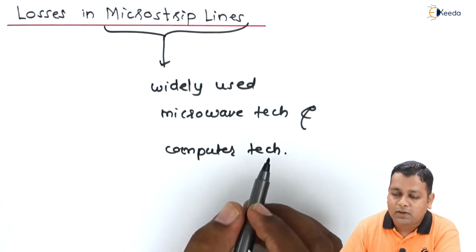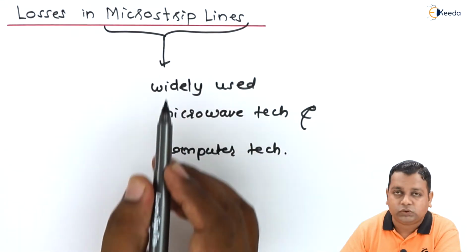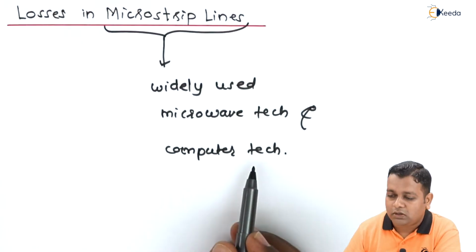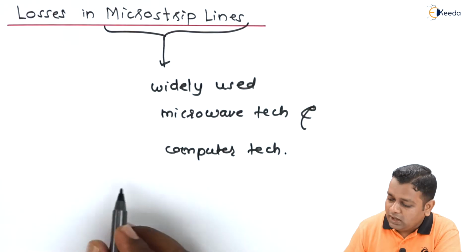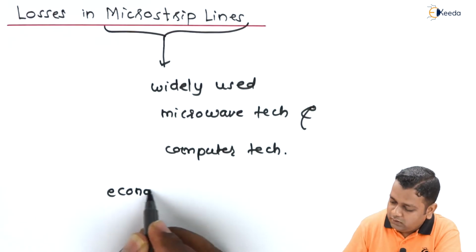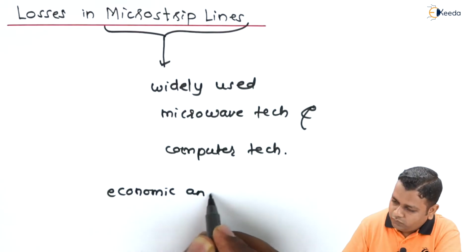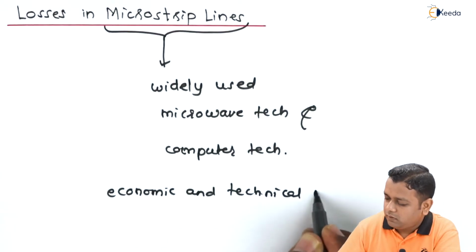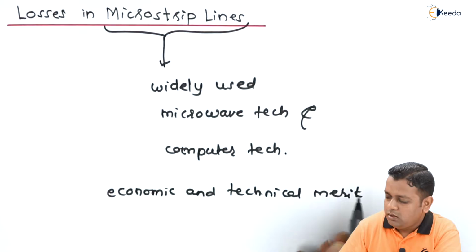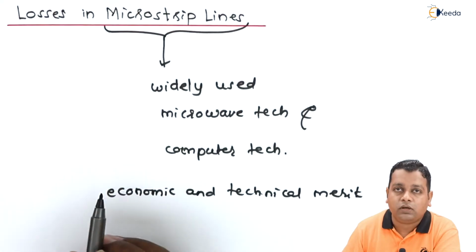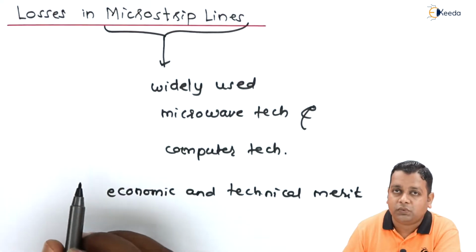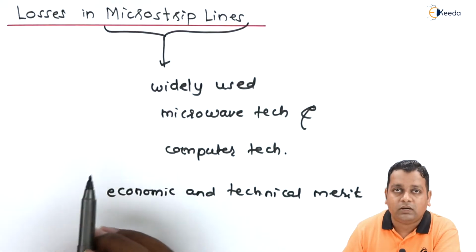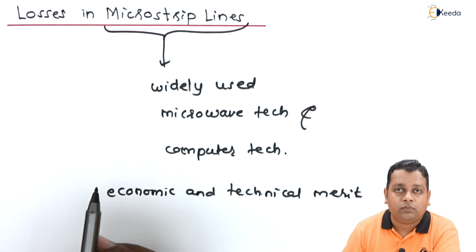Now, the advantages because of which this has been so popular in microwave technology and computer technology are that it has economic and technical merit. It provides very good connectivity with less effort with other devices, so that the microwave signal can be carried and further processed for different aspects.